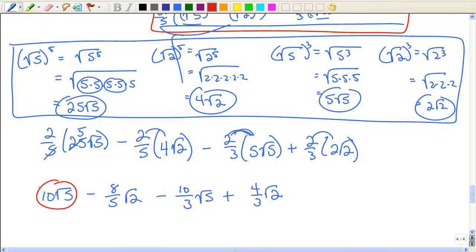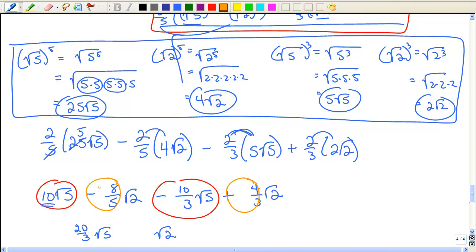Got 10 square roots of 5 minus 10/3 square roots of 5. As you recall, we can keep the radical square root of 5 and just add or subtract the coefficients. So 10 minus 10/3, that would be 20/3. Then I'm going to keep the square root of 2, and I have negative 8/5 plus 4/3. So finding a common denominator, I'd multiply by 3.